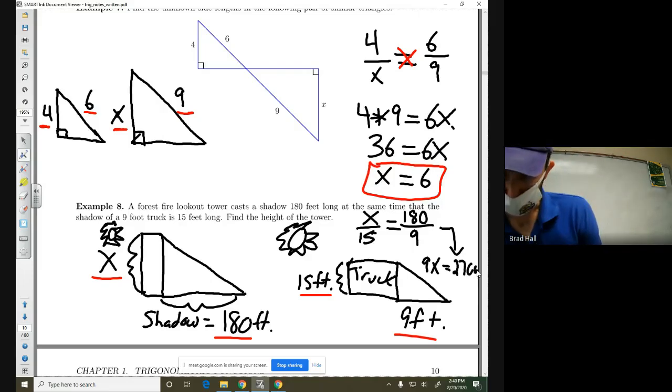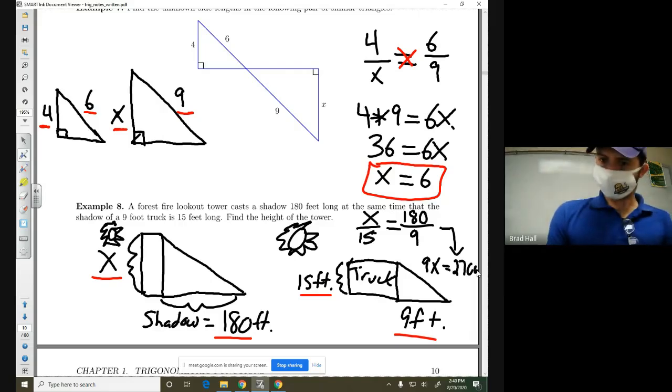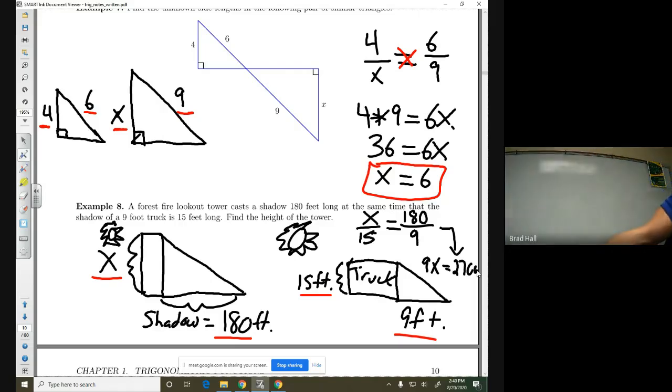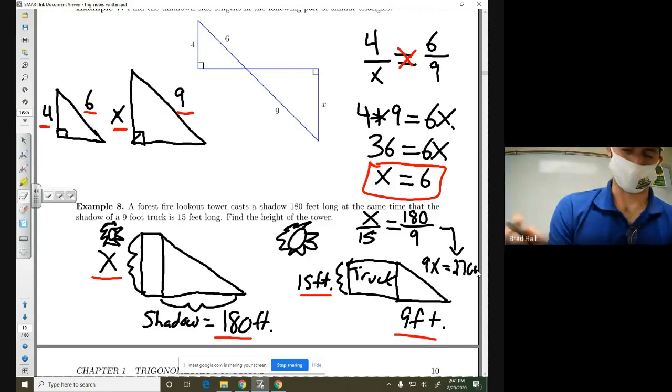Oh my, what did I do in my notes? I'll switch 9 and 15 in my notes. Okay, I did it right on here though. I bet you're all screaming at me in the virtual chat right now.